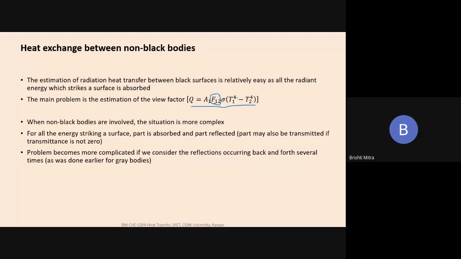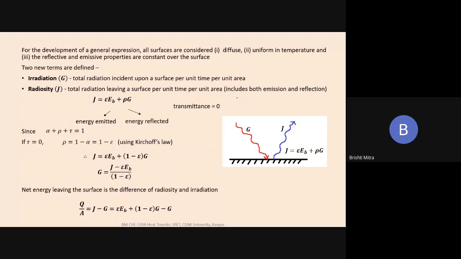So for that matter, we now define two new terms for understanding the rate of heat exchange between two non-black bodies. In order to develop a general expression for the rate of heat transfer, there are certain assumptions we make. The assumptions that we are making are that all surfaces are considered diffuse, which means the radiation is in all possible directions, it is there everywhere.